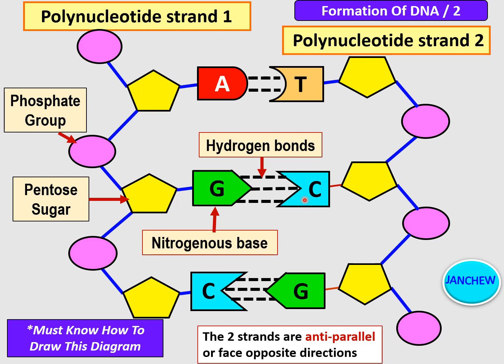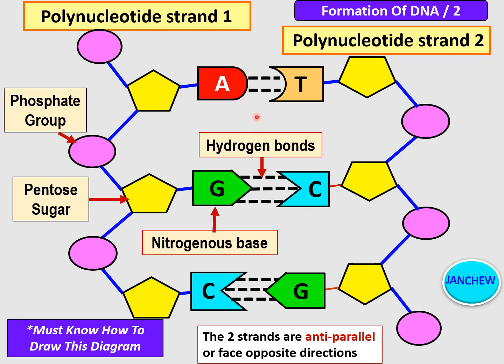So we can show that they are complementary bases through the shapes. The shapes must match each other. So adenine and thymine are complementary bases. Guanine and cytosine are complementary bases.